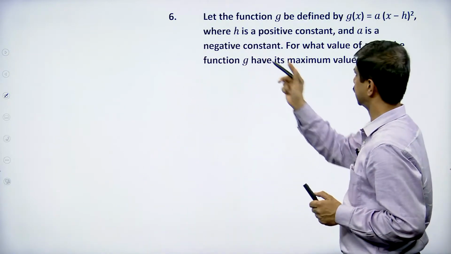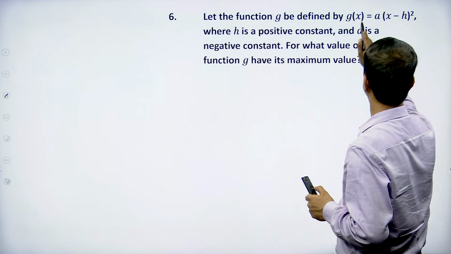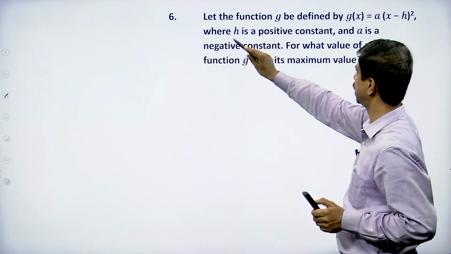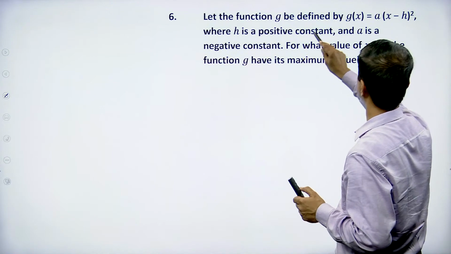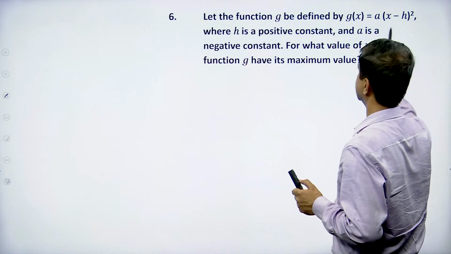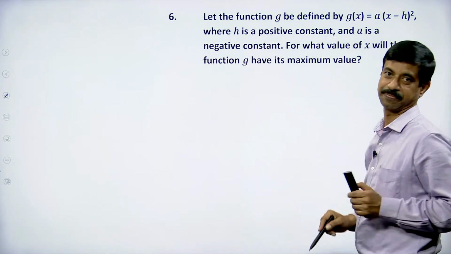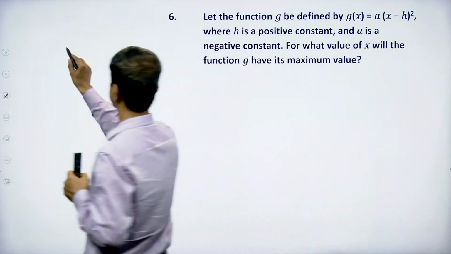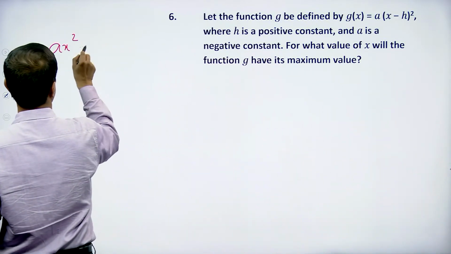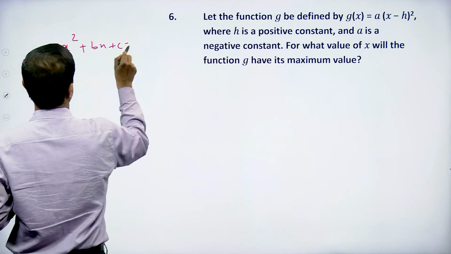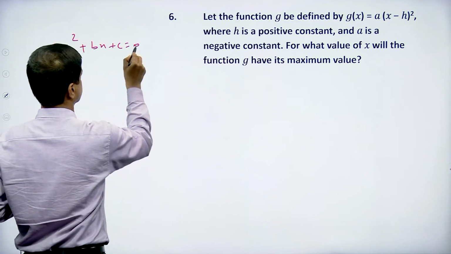So, look at this. Let the function g be defined by g of x equal to a into x minus h whole square, where h is a positive constant and a is a negative constant. So, children, ax square plus bx plus c equals 0 if it is a quadratic equation.